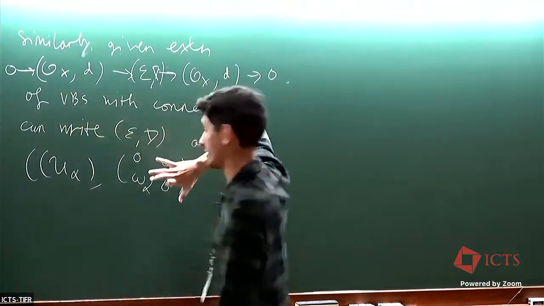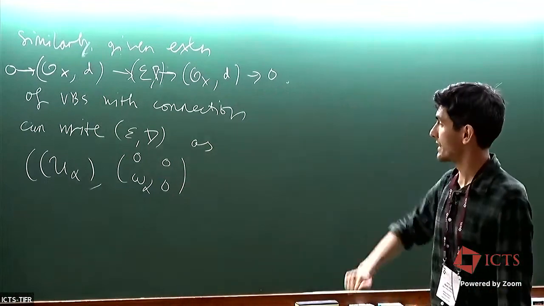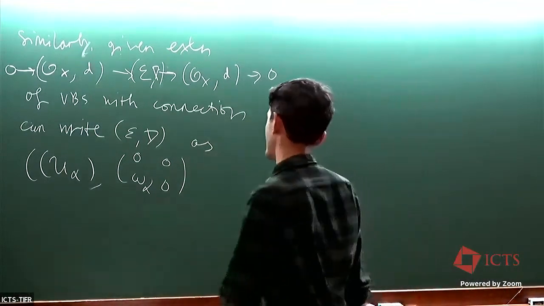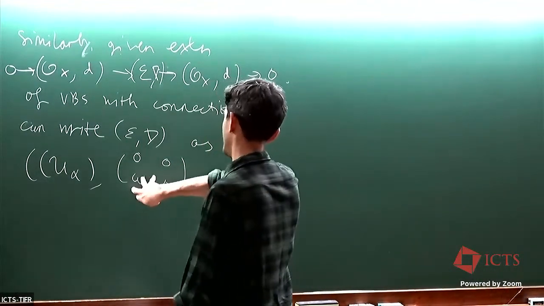So we can make these lower triangular matrices, with zeros on the diagonal, or the 2 by 2 entry here.